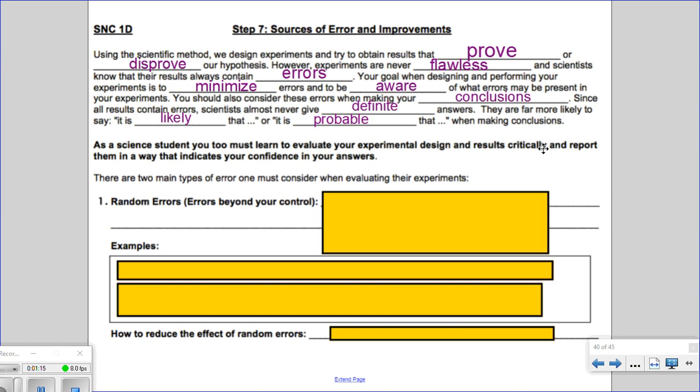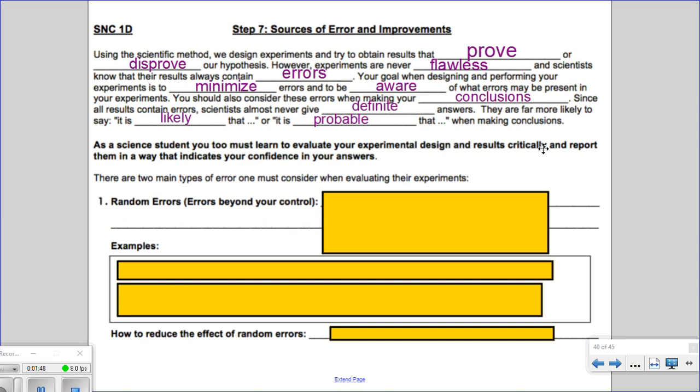You never use strong language such as, it was proven definitively that X affects Y. It's better to use suggestive language, as stated in the paragraph here. So it is likely that, or probable that, or the data suggests that. You're never going to say the data proves that this happened. The data suggests that this happened.